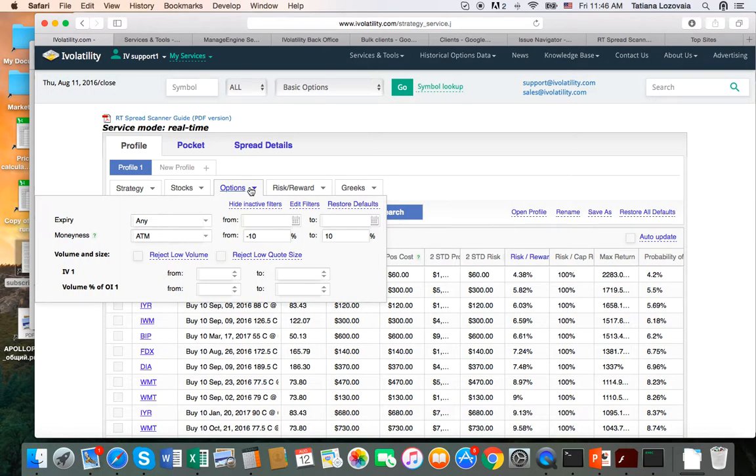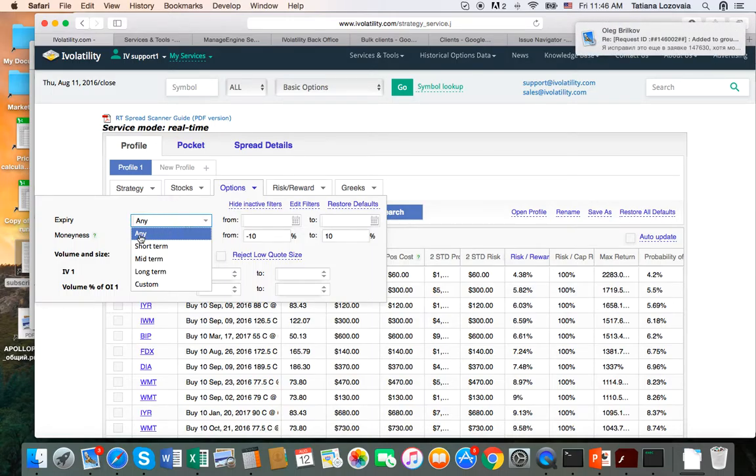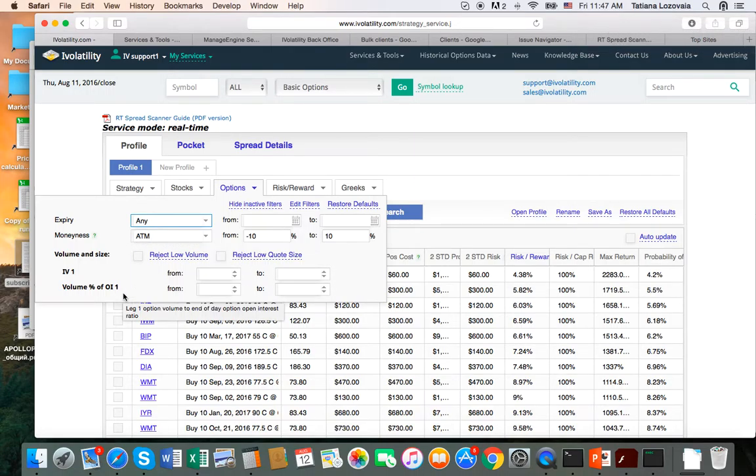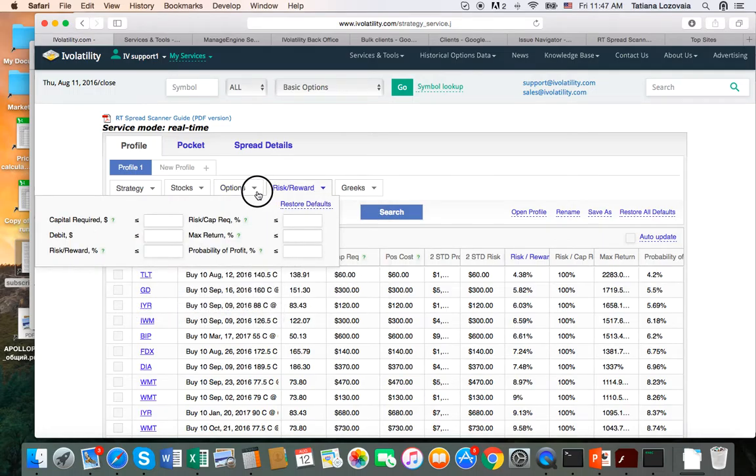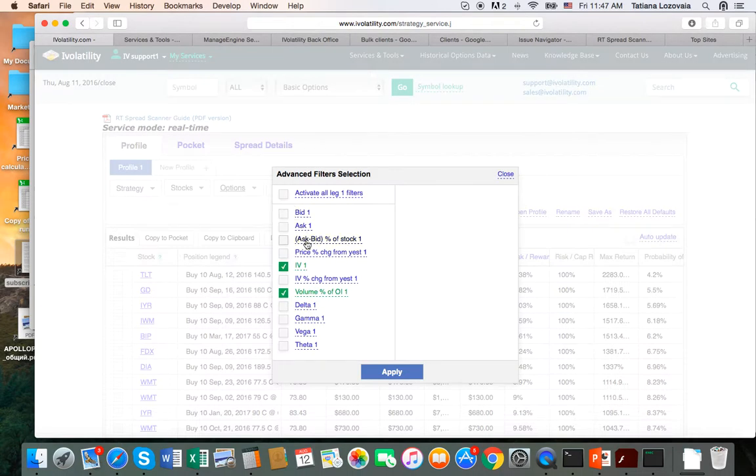Let's now go to the options filter and choose any expirations. Let's leave the moneyness filter at the money by default, and we enabled two additional filters, the implied volatility filter and the volume filter as a percentage of open interest.